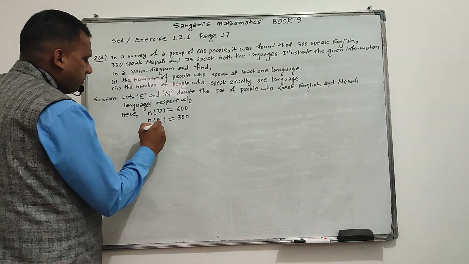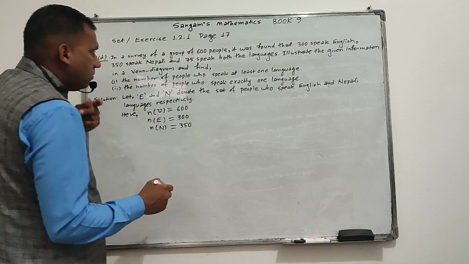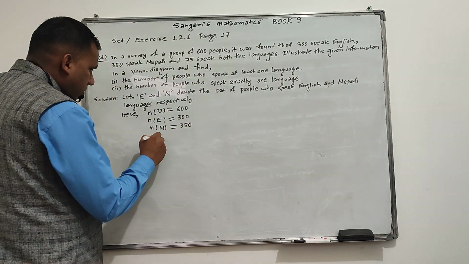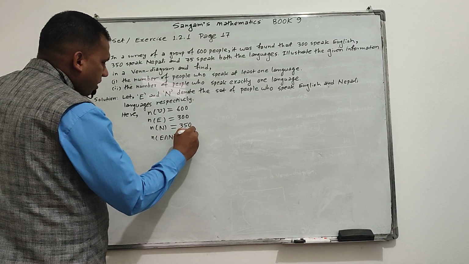Number of N is 350. Number of E intersection N, that is 75.